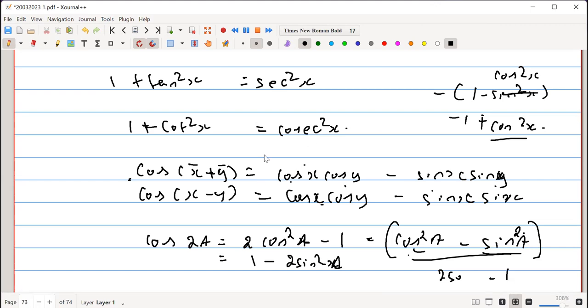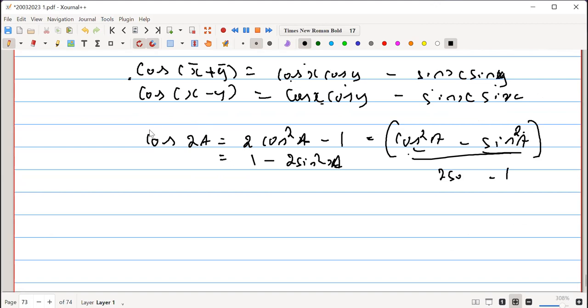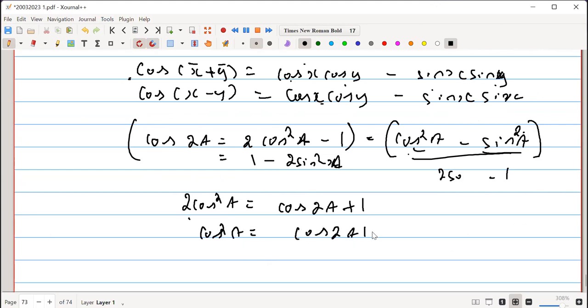From that you will be getting another formula. If I move the 1, 2 cos squared a equals cos 2a plus 1. So cos squared a equals cos 2a plus 1 divided by 2.